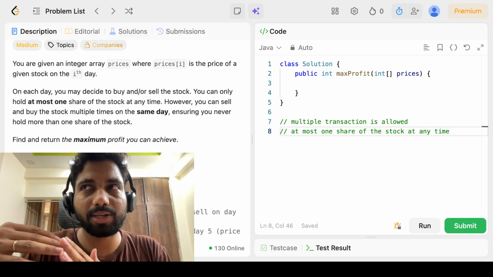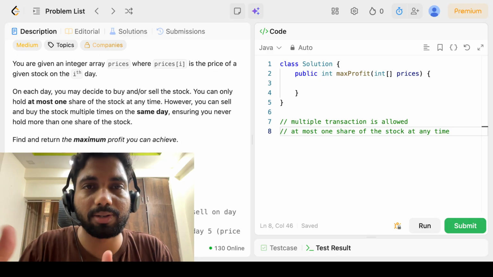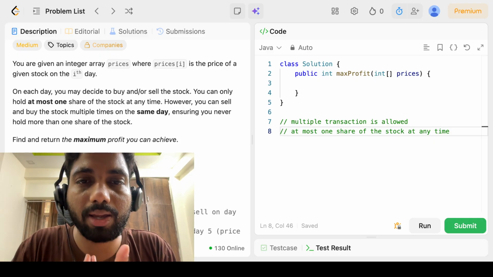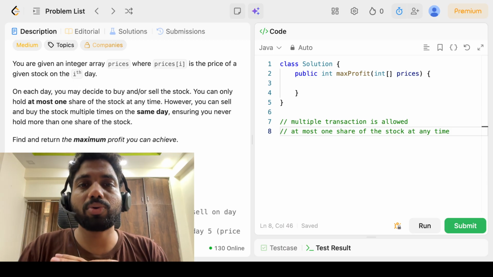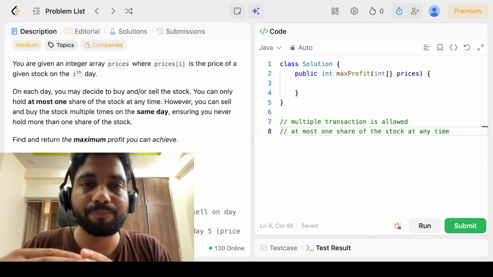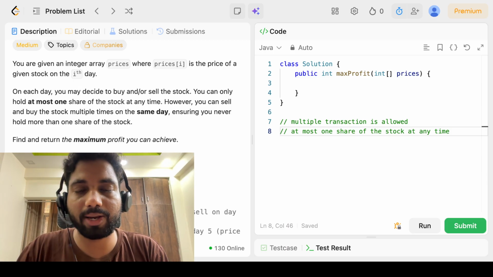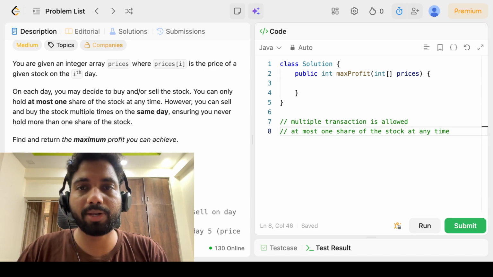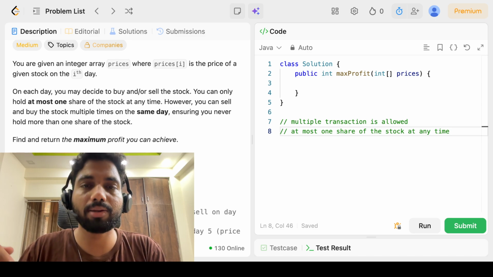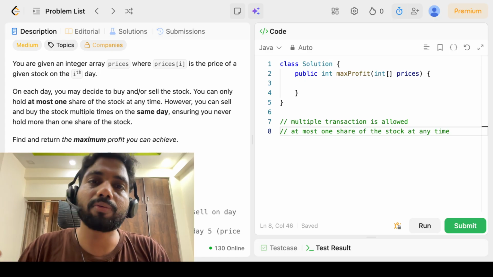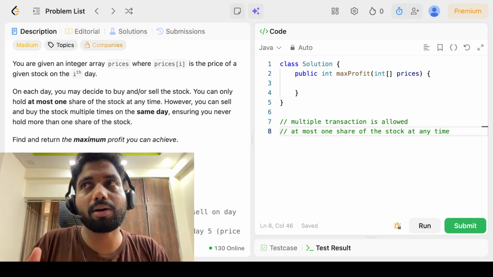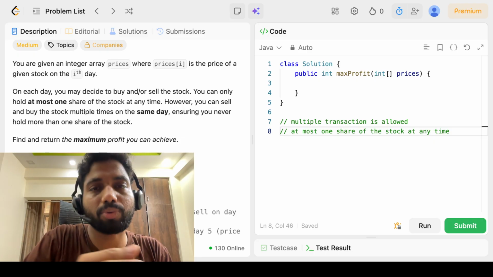Another variant I have seen is where we need to make sure about the cooldown period. After selling the stock, we can't buy on the next day. We need to wait to buy a stock in future, meaning we can't buy the next day if we have sold today.